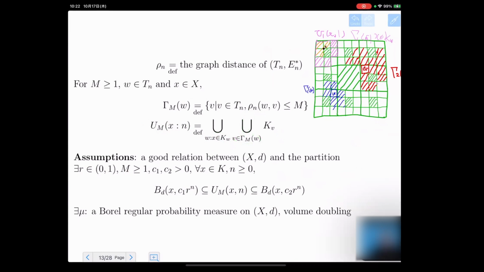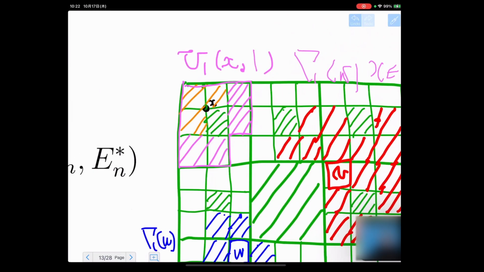So for example, this X is included in these 3 pieces. And then think about the one neighborhood of this piece, and this piece. And the union is actually this region. And this is U_1(X), a kind of one neighborhood of this X at this level. Okay.